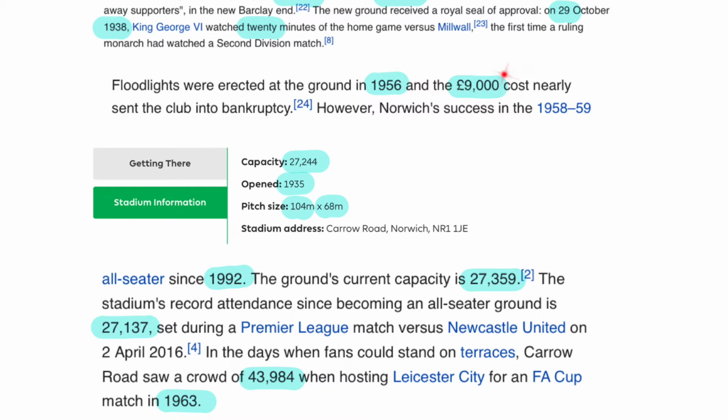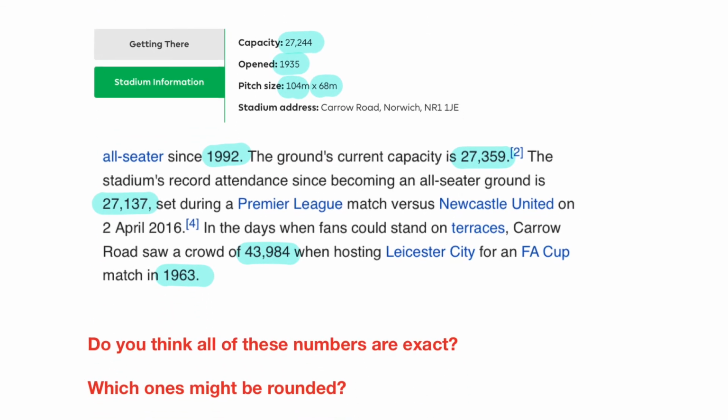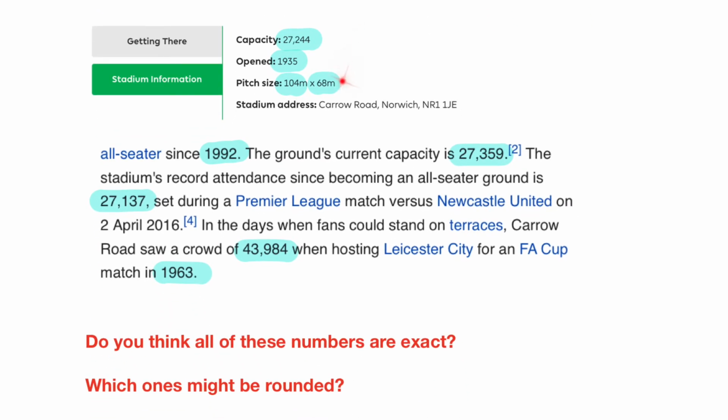It probably wasn't at a cost of exactly £9,000. Then looking on, this is information from the club's website. So capacity 27,244, that hasn't been rounded. The date that it was opened hasn't been rounded. And the pitch size looks quite exact as well.